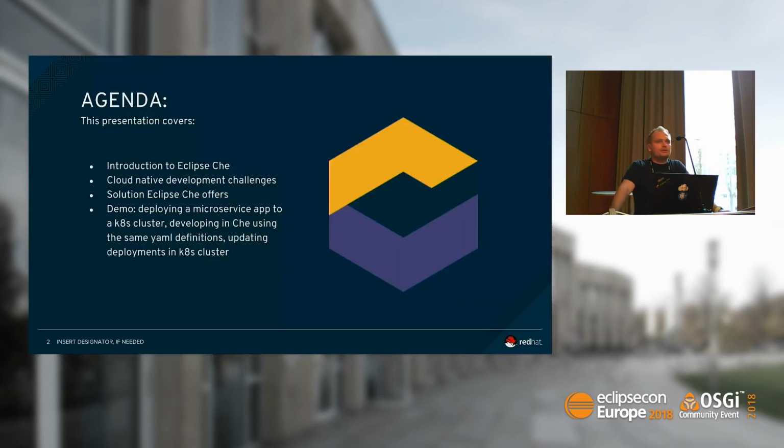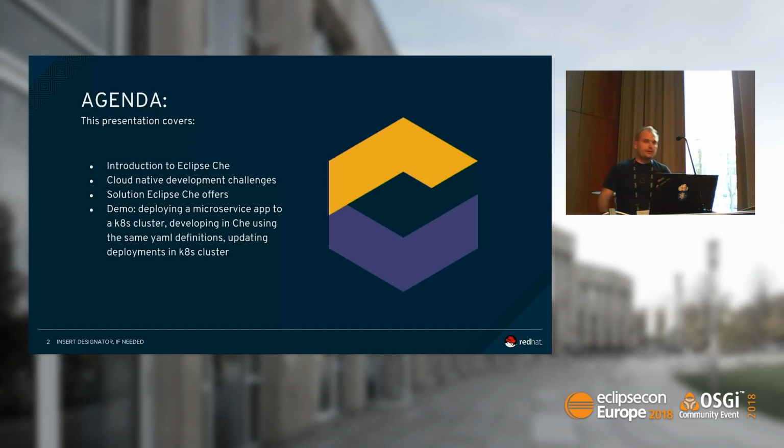Today's presentation will cover a short introduction of Eclipse Che. There have been quite a few sessions at this year's EclipseCon related to Che and Theia IDE, which is good. We'll look at a few cloud-native development challenges and the solutions that Eclipse Che offers to solve them.